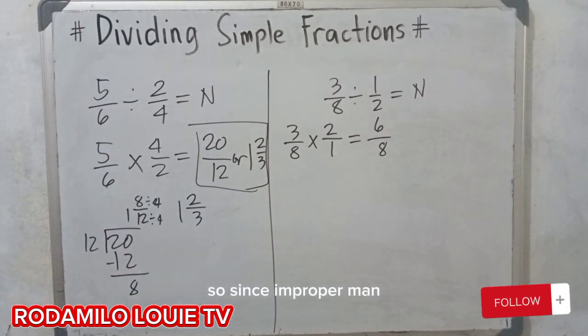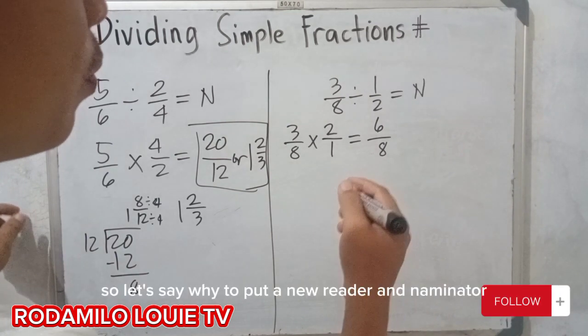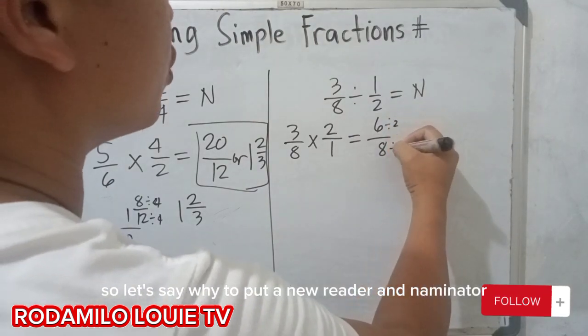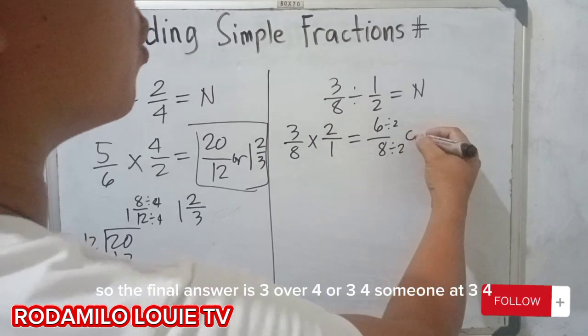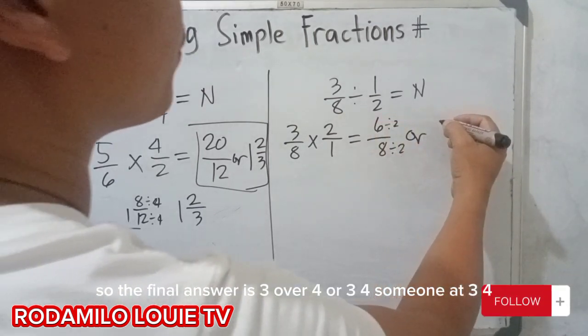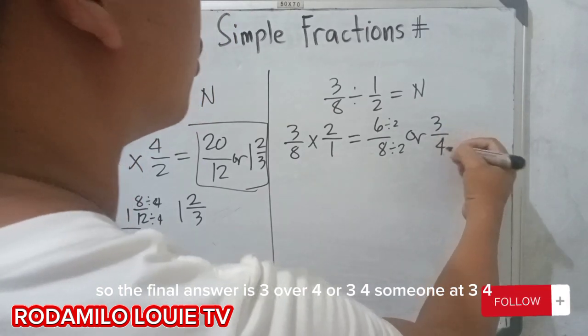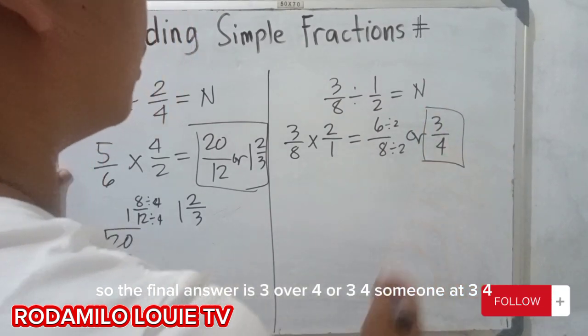So since improper man, so ato na lang i-lowest term, since pwede na to ma-lowest term ang 6 over 8 kay pwede na to ma-divide sa 2. So let's divide 2 both numerator and denominator. So itong final answer is 3 over 4 or 3/4. So muna itong answer 3/4.